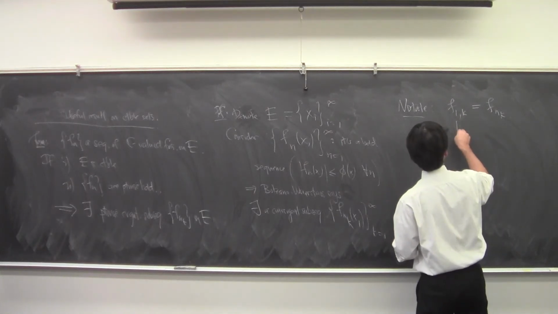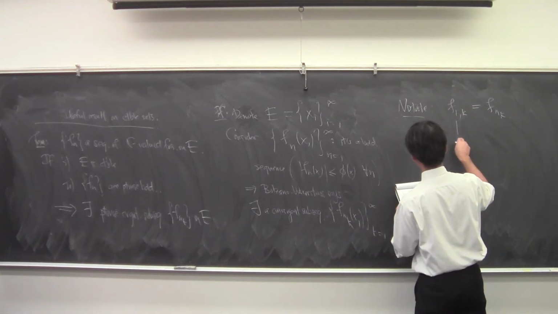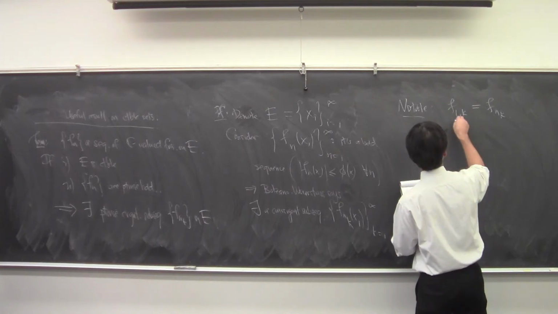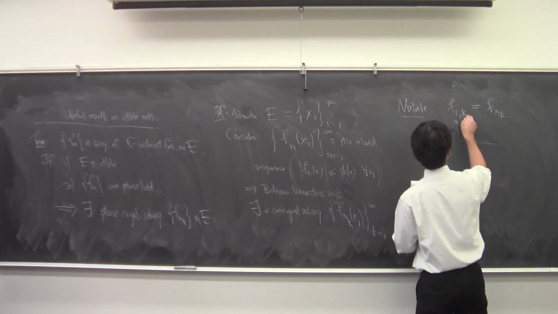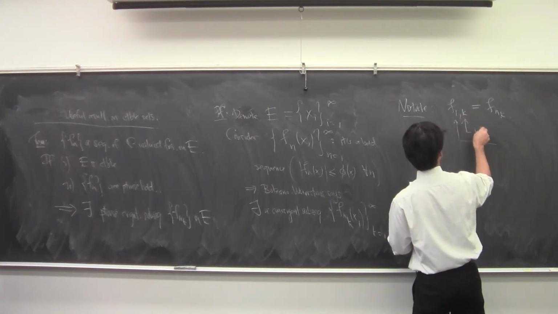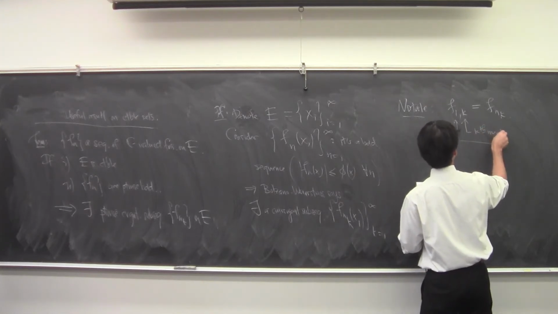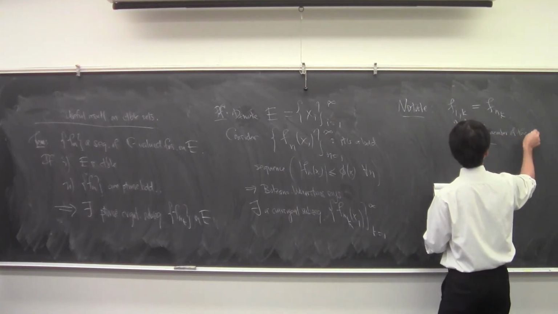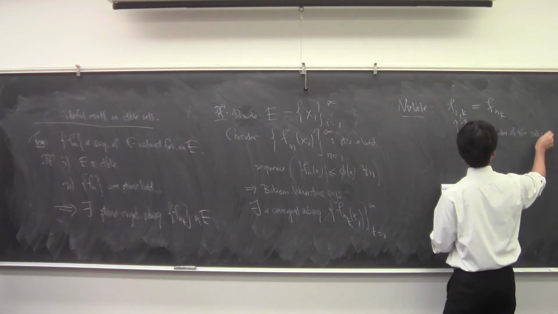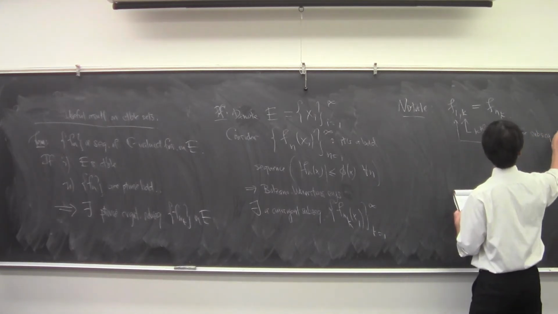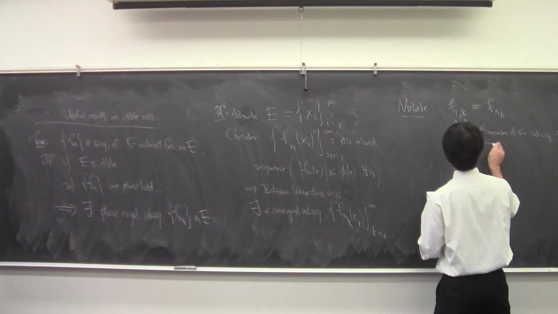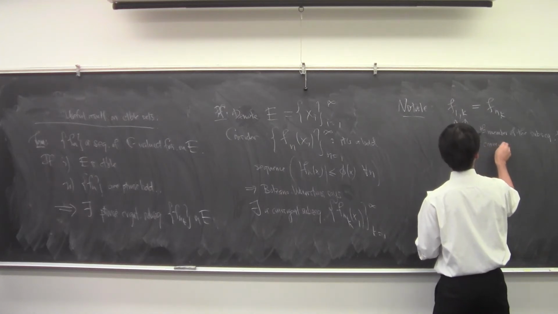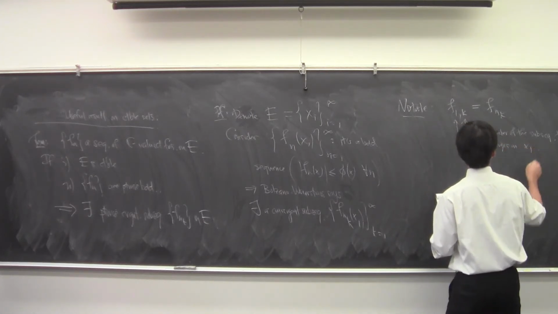By this notation, the 1 means that this is the kth member of the subsequence that converges on x1.